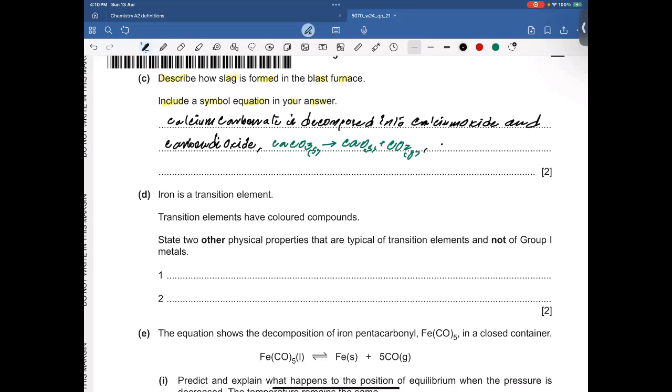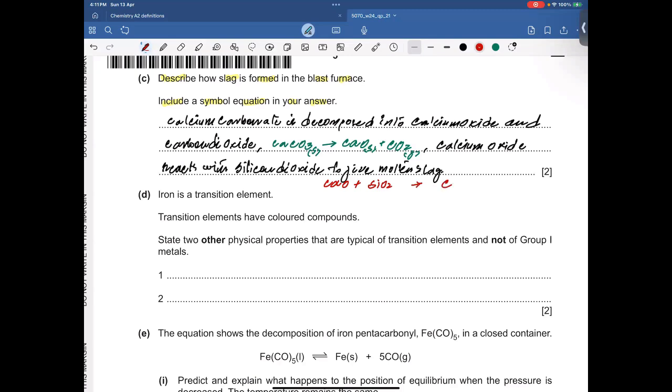Now this calcium oxide reacts with silicon dioxide to give molten slag, and the equation for this reaction is going to be like this: calcium oxide plus silicon dioxide will turn to calcium silicate.